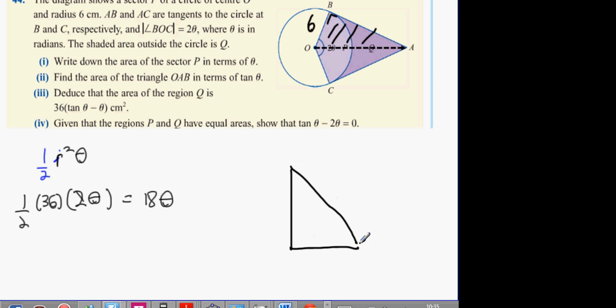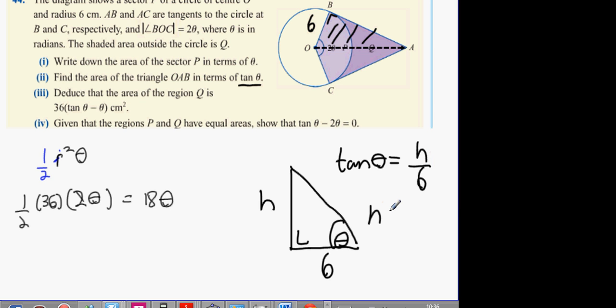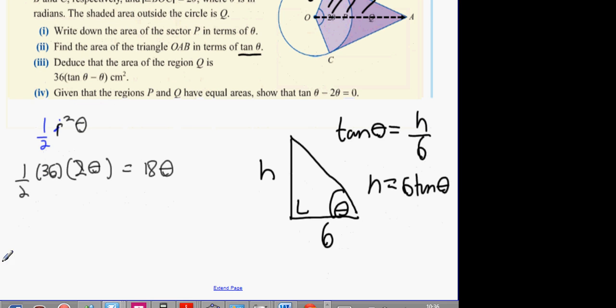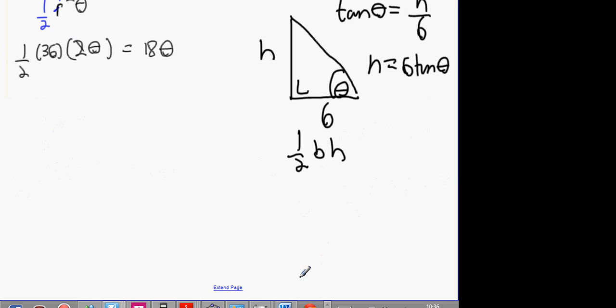And it says the key word there is, in terms of tan theta. So what is tan theta? Tan theta is h over 6. H therefore is 6 tan theta. The area of this triangle is a half base times height, which is a half times 6 multiplied by 6 tan theta, which gets me 18 tan theta.